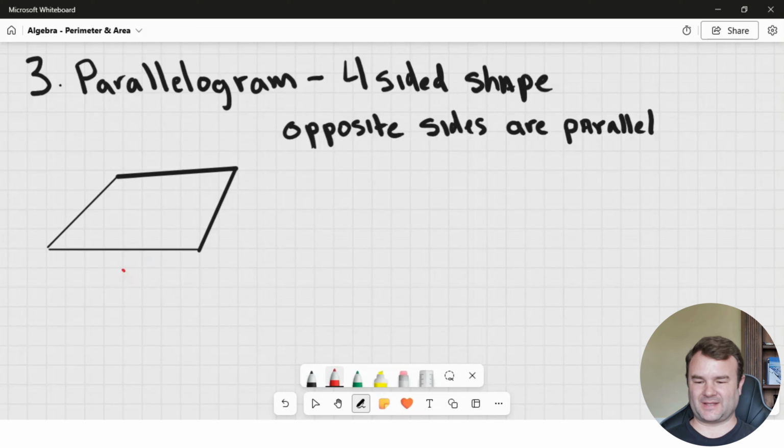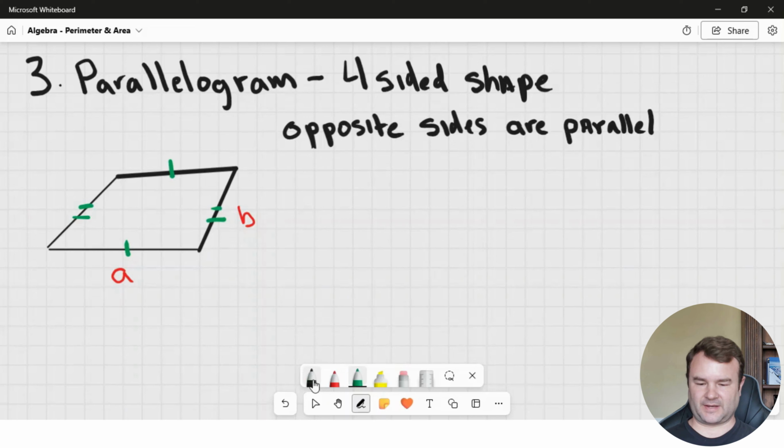So we'll say that this is side A and this is side B. Now, in a perfect drawing, side A and its opposite side would be parallel. And for simplicity's sake, we're going to say that they are the same distance or measure, and side B and its opposite side would be parallel. And for simplicity's sake, we're going to say that these sides are the same distance or measure.